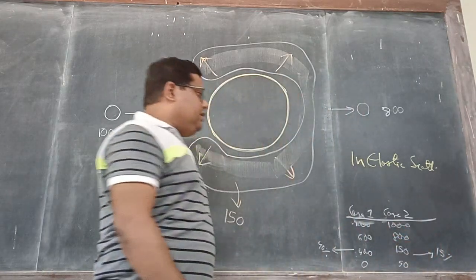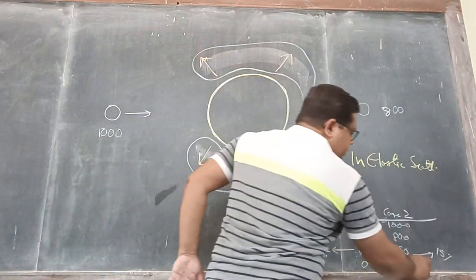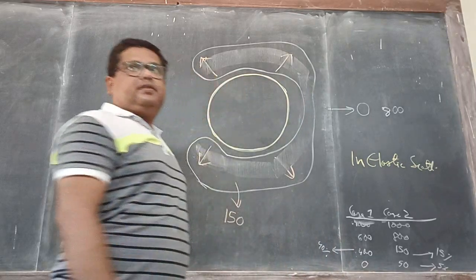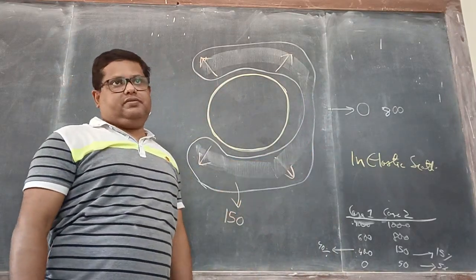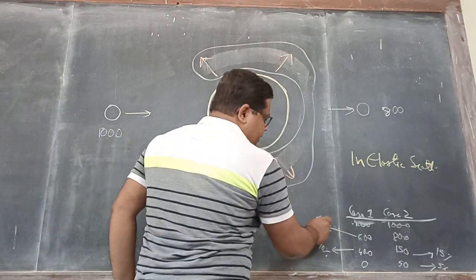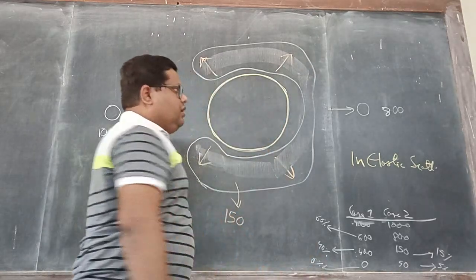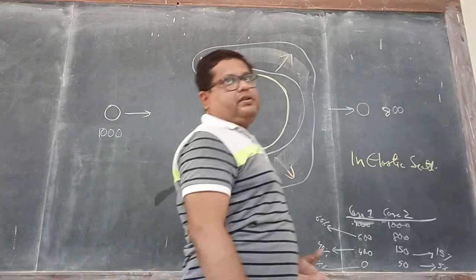So in case 2, there is 15% elastic scattering, 5% inelastic scattering, and the rest 80% no interaction. And in case 1, 60% no interaction, 0% inelastic scattering. So this is a basic idea of elastic and inelastic scattering.